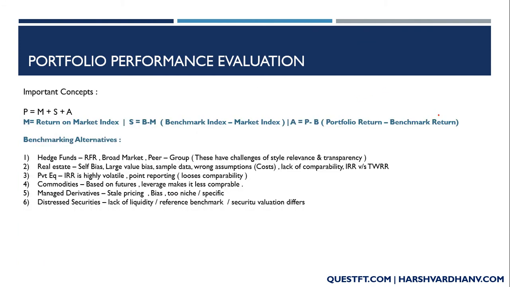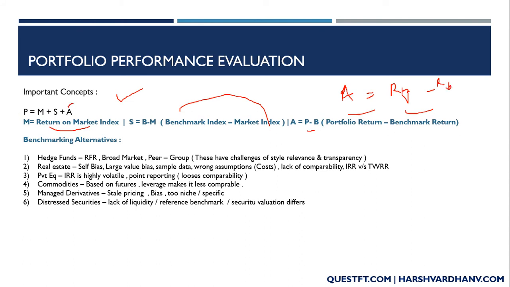Let's move on. So important concepts, very simple concepts. P is equal to M plus S plus A, where P is the portfolio return, M is the return on the market index, S is the benchmark index minus market index, and A is the active return, which is the portfolio return minus benchmark return. So we know that active return is portfolio return minus benchmark return.